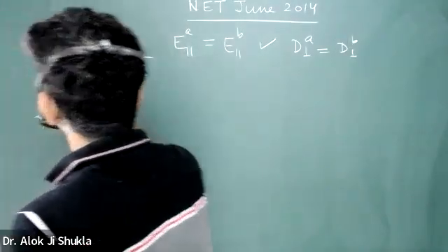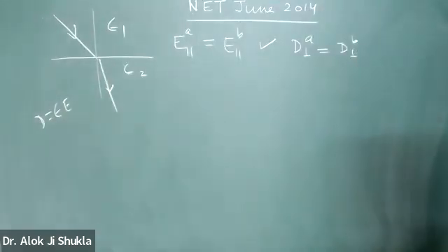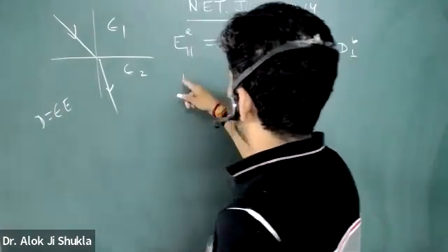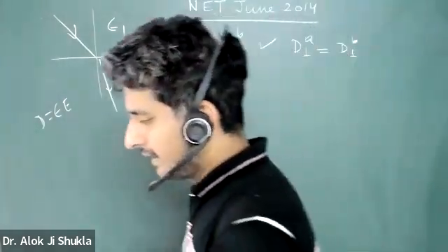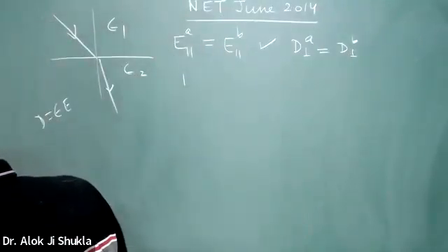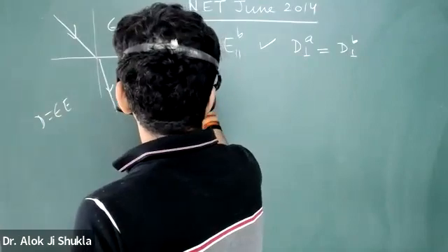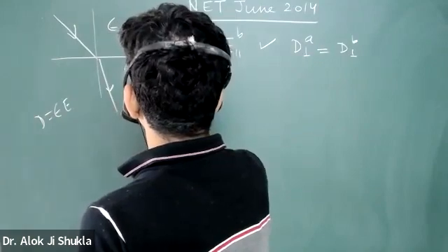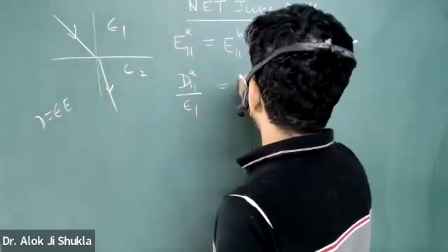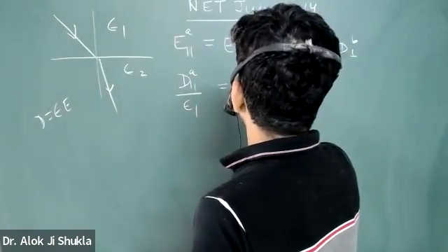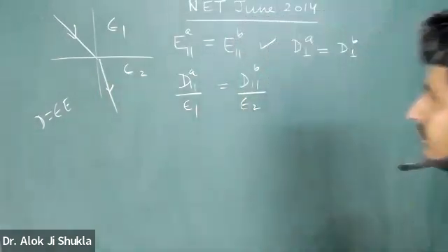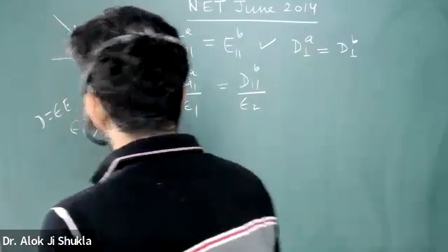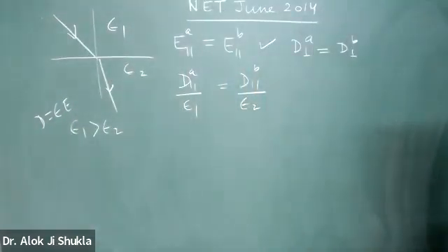Epsilon E. So what you can write for E parallel in terms of D: D parallel above by epsilon 1 is equal to D parallel below by epsilon 2. Correct? It is given that epsilon 1 is greater than epsilon 2. ये ठीक है?